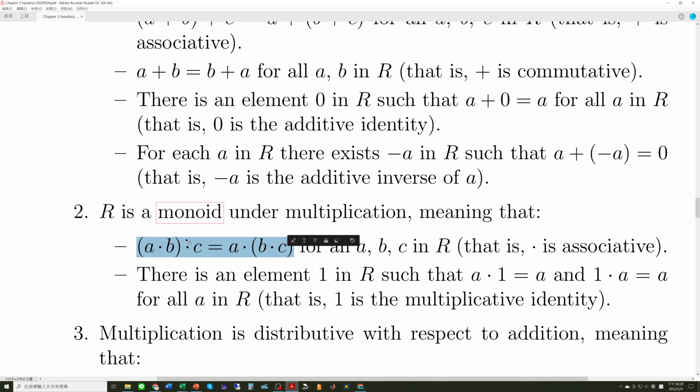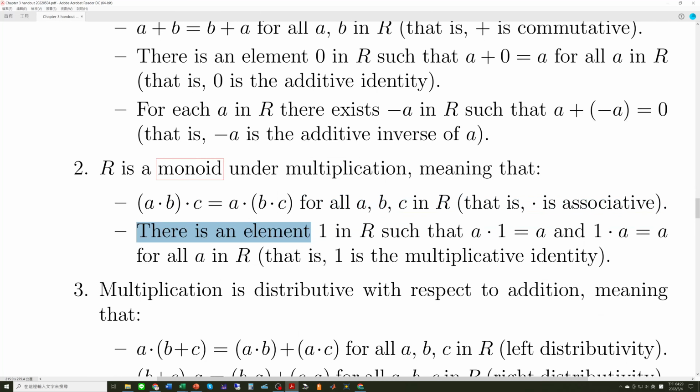This means that if you want to compute A dot B dot C, you can compute A dot B first and then dot C. Or you can also compute B dot C first, then compute A dot (B dot C), for all A, B, C in R. That is, dot is associative.